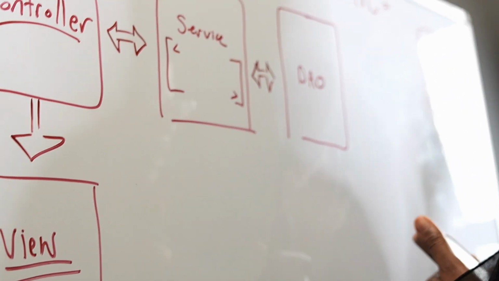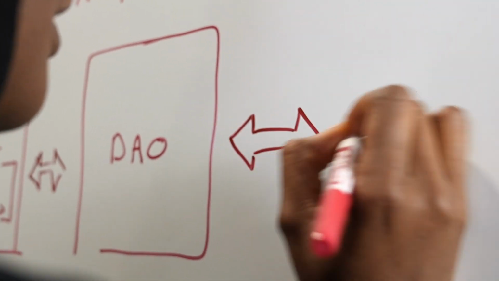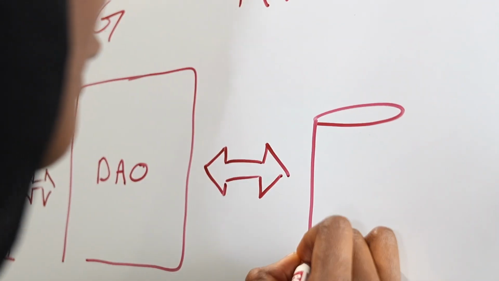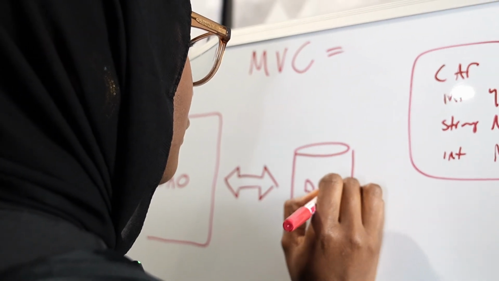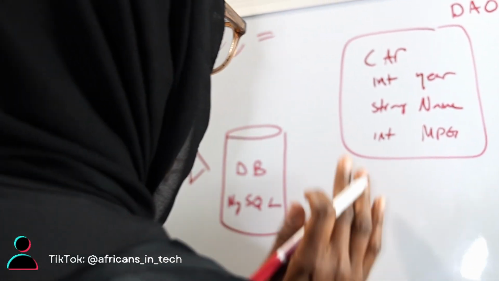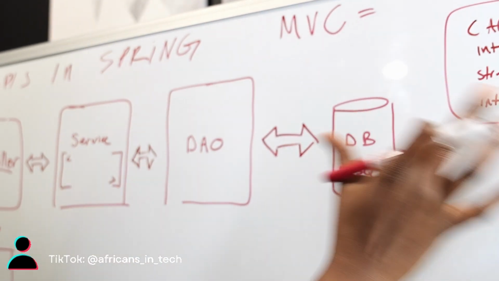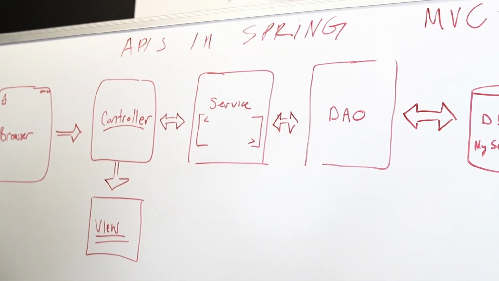Okay. And then we have the database layer, which is important because this is where all your lovely data gets manipulated and stored, preferably in a MySQL database. This is where all your lovely information gets stored and housed.